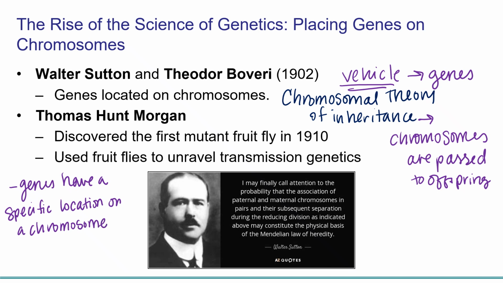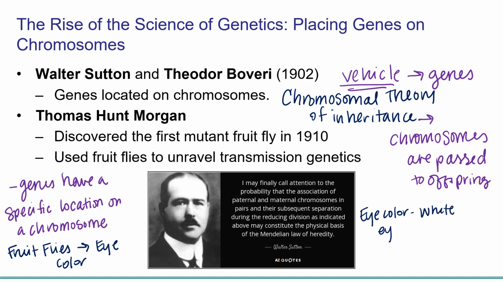Thomas Hunt Morgan is famous for his work with fruit flies and eye color. What he noticed is that eye color, specifically a white-eyed mutation, is located on one of the sex chromosomes.